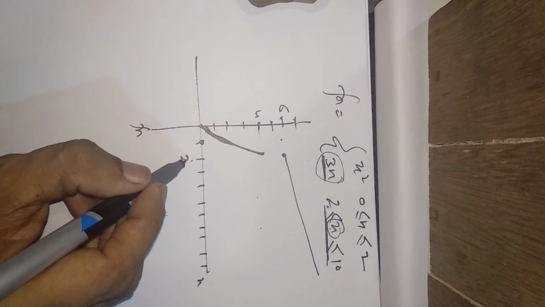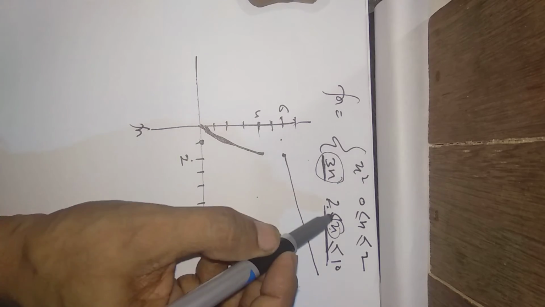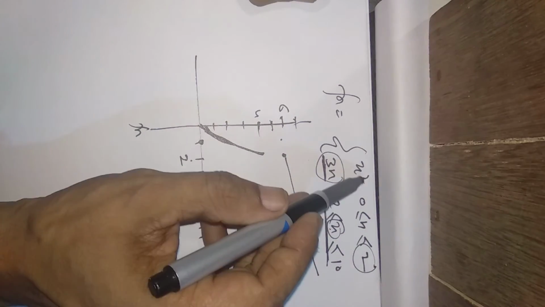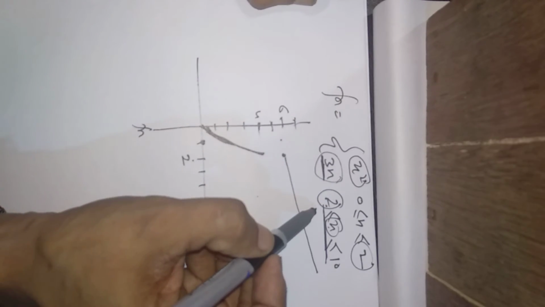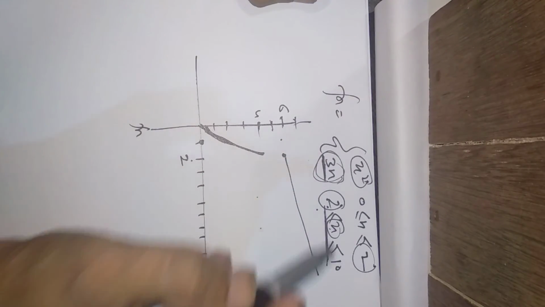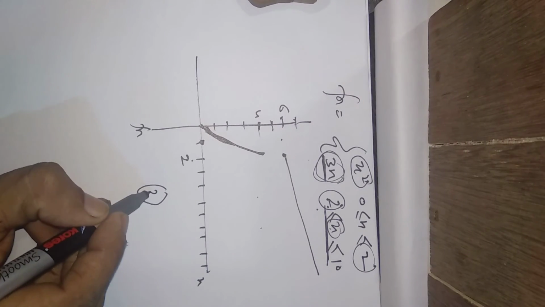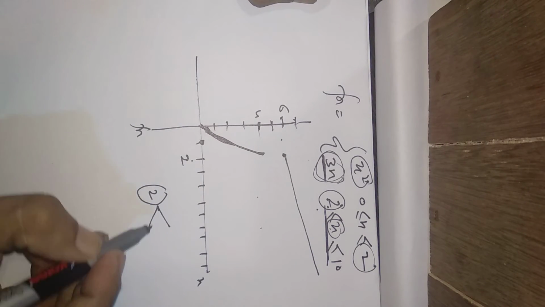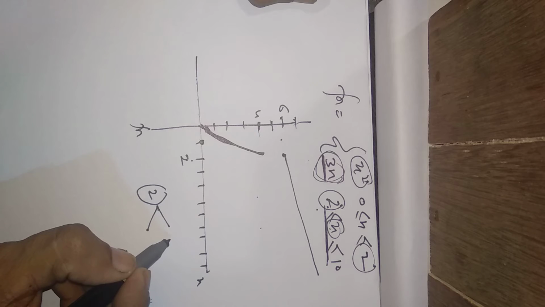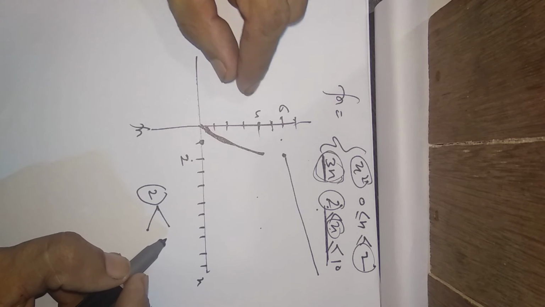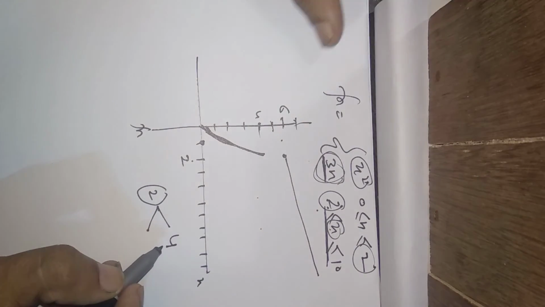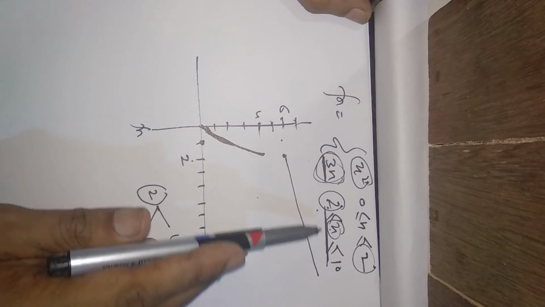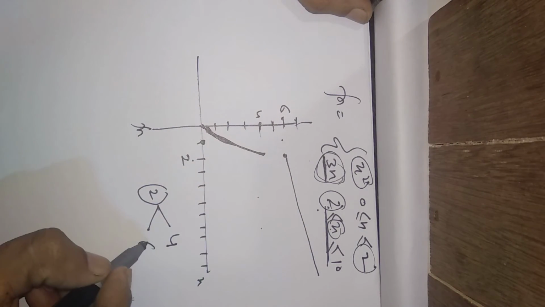So here is the question: at 2 here it approaches 4, but here when we take 2 it approaches 6. It means the value 2 is actually approaching two different values. One time it gives you a 4, and by taking the second part of the function, it reaches 6.